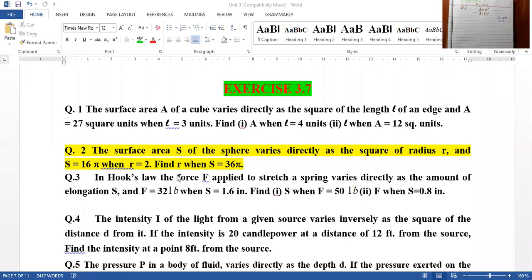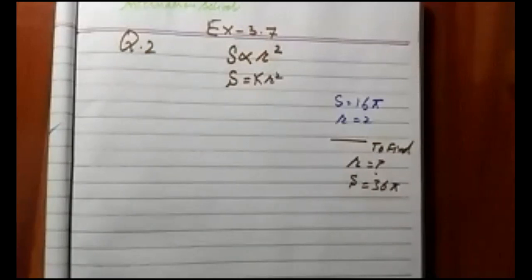Now I have written the statement. We are asked to find the radius when S will be equal to 36 times pi. So this is to find. First we are finding the value of K. For finding the value of K, you have to substitute this pair of values into it.